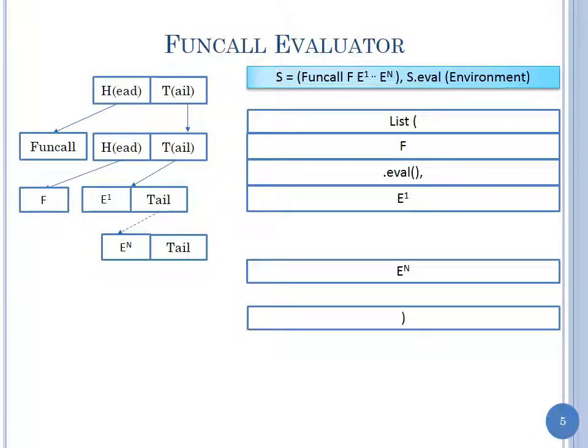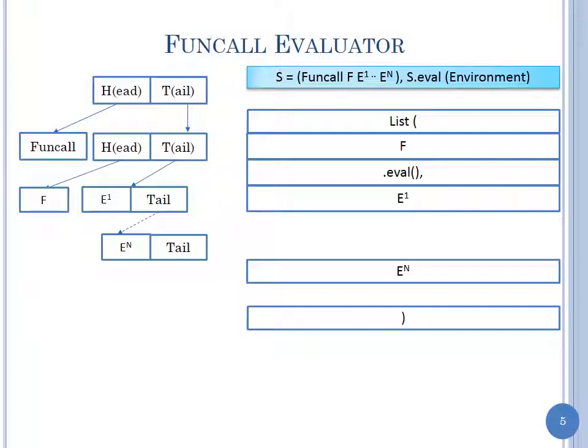Well, let me first be maybe lazy and wrong. So I really want to go and create a list, where the first argument is the value of f, and the remaining arguments are the arguments to f. If I create this list, what am I going to do with that list?